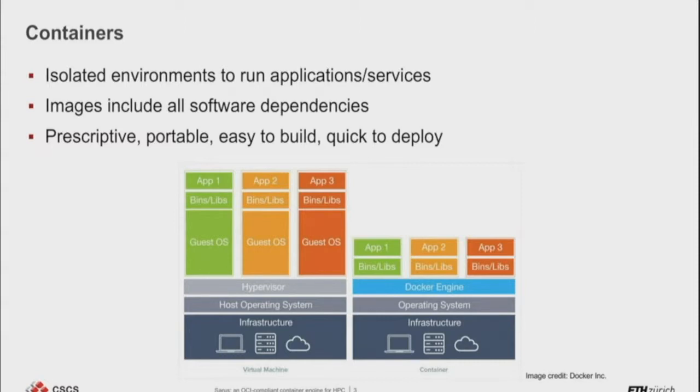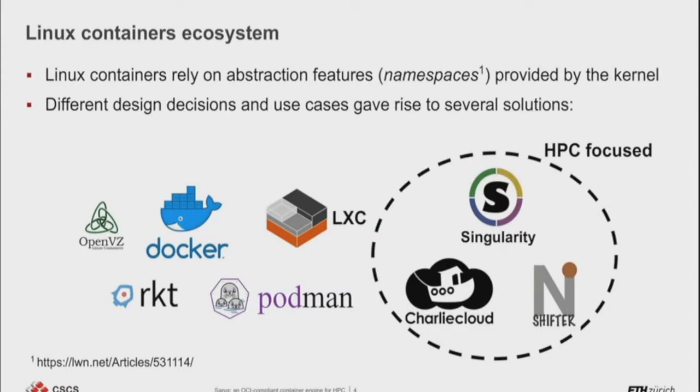When we talk about Linux containers specifically, they all basically reuse the same basic building blocks. Nobody is inventing a container technology which is completely on its own and different from all the others.